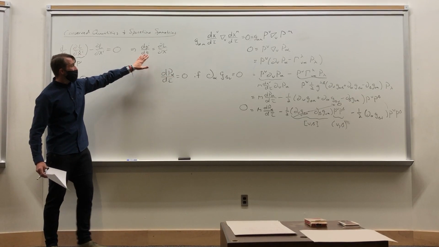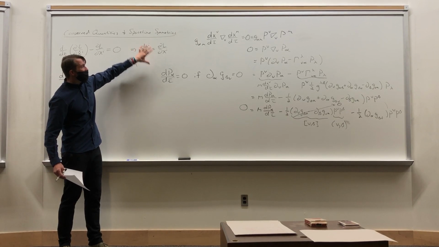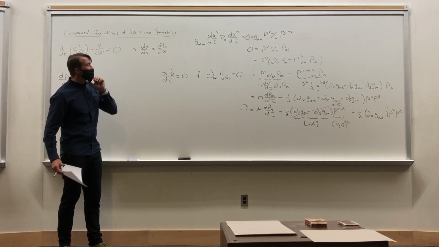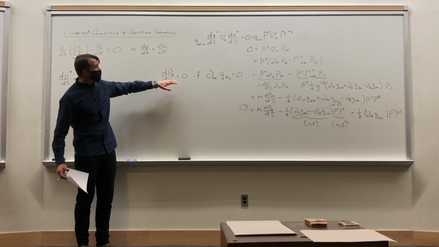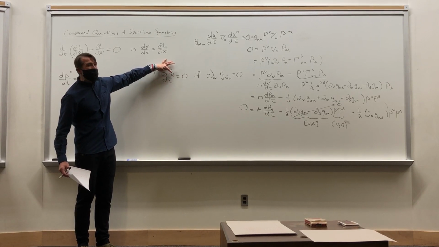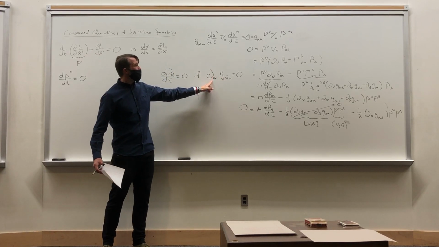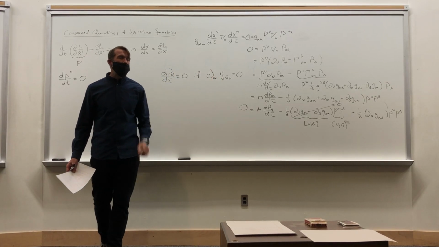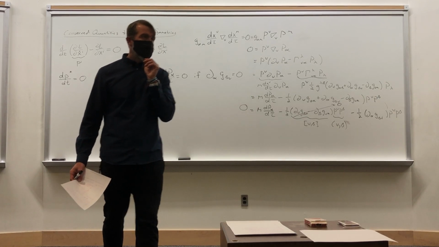Well, it's constant in this context. In this context, it's conserved. But nonetheless, the momentum along the alpha coordinate is conserved if the metric does not depend explicitly on that coordinate. Okay?